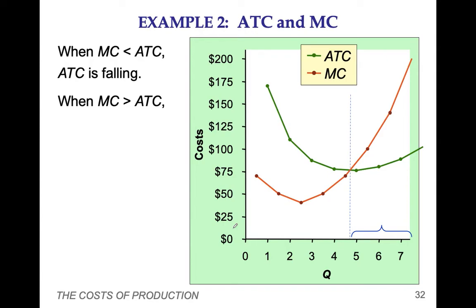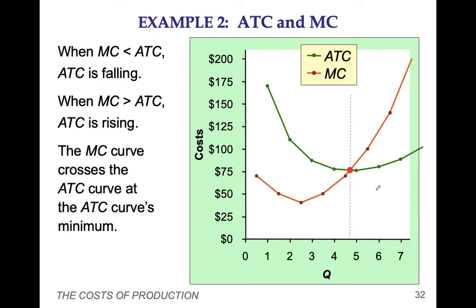When the marginal cost is higher than the average total cost, meaning the marginal cost curve is above the average total cost curve, the average total cost curve becomes rising.